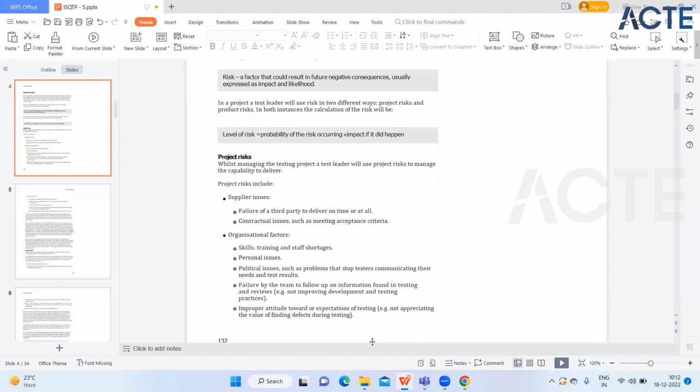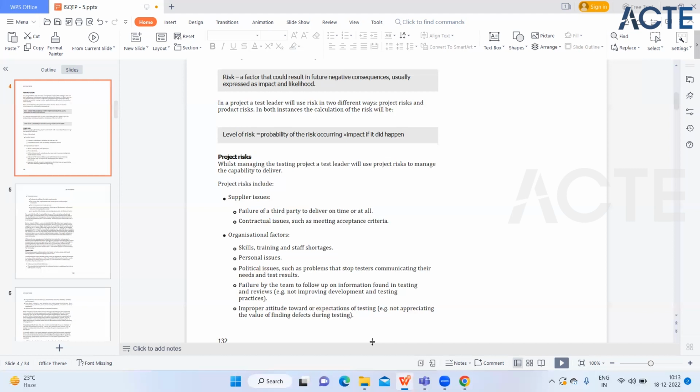So how are you expecting that he or she will provide 100% output? Okay, so skills and training are very important. Or maybe some team members are not available when there is any release. We have planned for 10 team members to be available, and at that time only 2 members are available. So definitely you will have to delay the release, or according to the situation you have to decide how many test cases you should execute for this release.